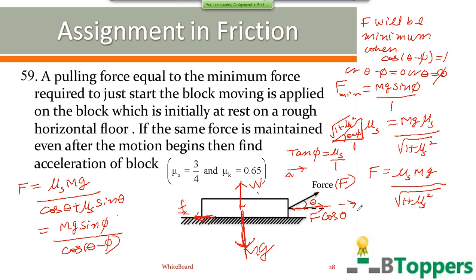Choose the horizontal direction, the direction of motion of the block, as x-axis and the vertical upward direction as y-axis. The horizontal component of pulling force has magnitude F cos theta, which acts in the direction of motion. The vertical component has magnitude F sin theta, which acts vertically upwards.